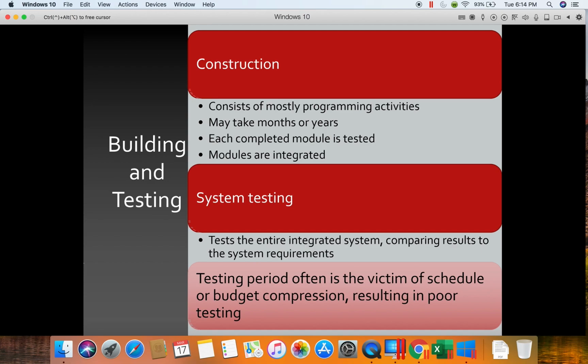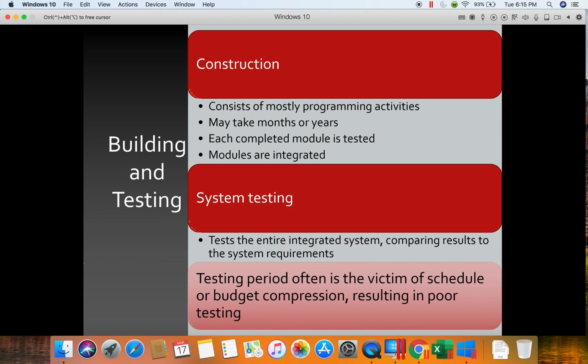If we skip this system integration test, or the integrated testing, we could end up having pieces that work, but then send another piece of the system incorrect information, causing errors somewhere else.